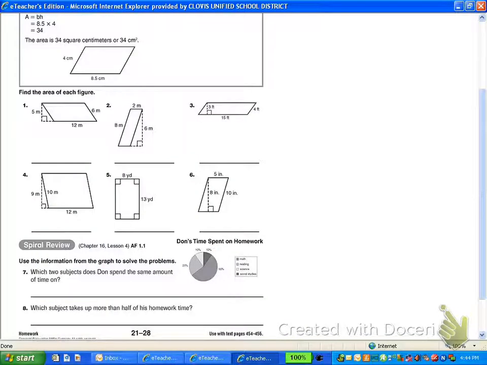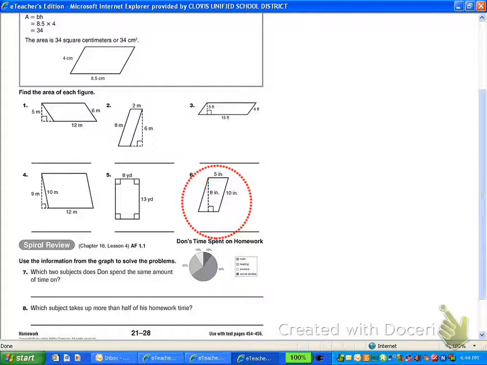So here at the top, we have the formula, base times height, so 8.5 times 4 equals 34. So here's their homework. Let's try number 6. We have 5, 10, and 8. Again, the 8 inches tells us how tall this is from the top to the bottom.